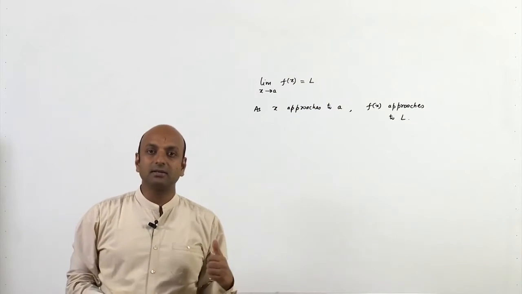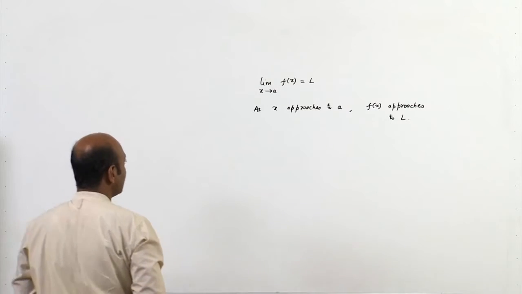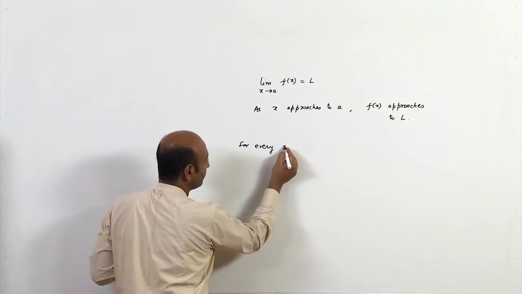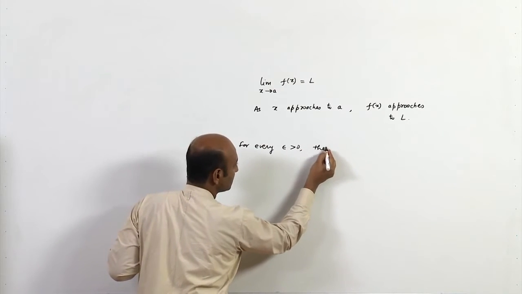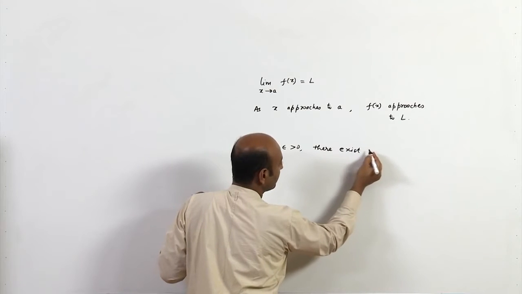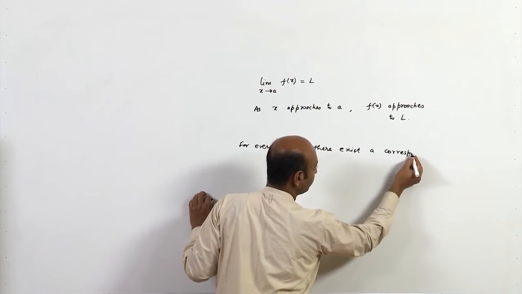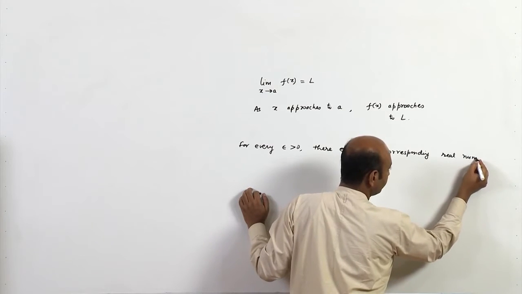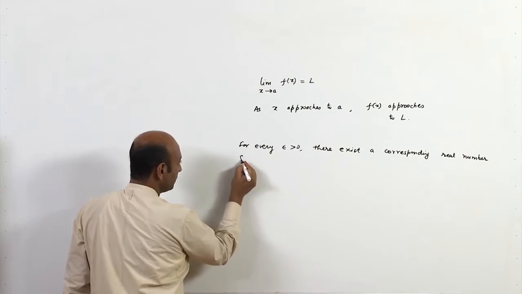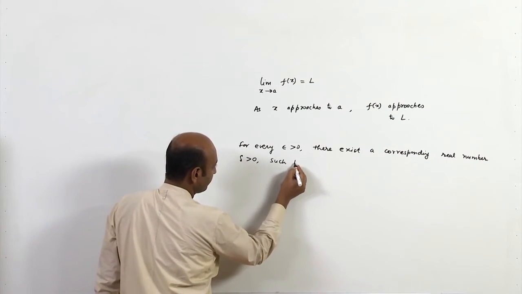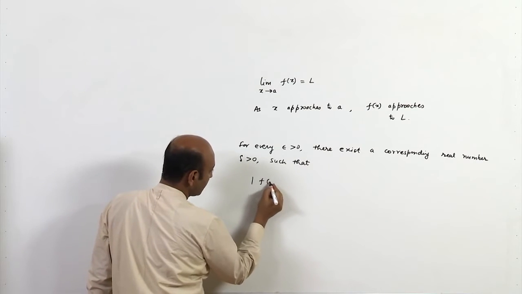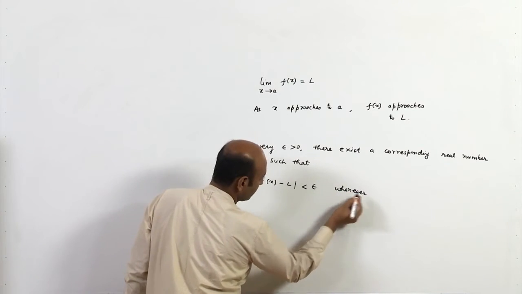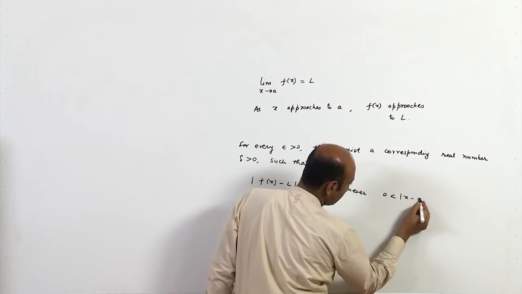Now how can we define this mathematically? So the mathematical definition of limit is: for every epsilon greater than 0, there exists a corresponding real number delta greater than 0 such that mod f(x) minus L is less than epsilon whenever 0 is less than mod x minus a less than delta.